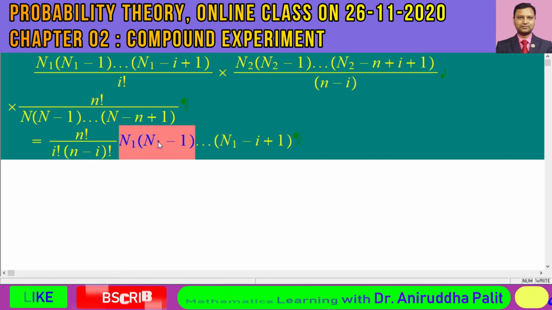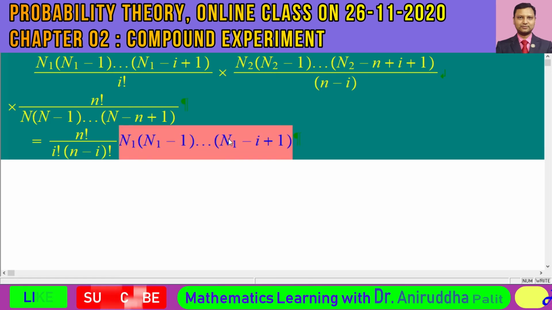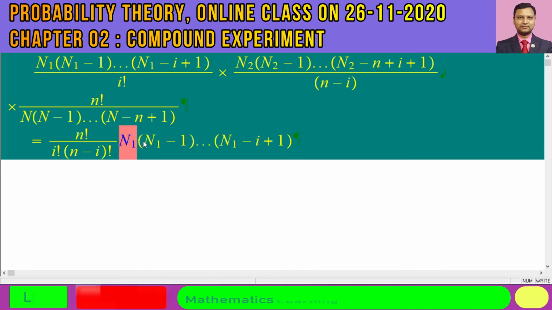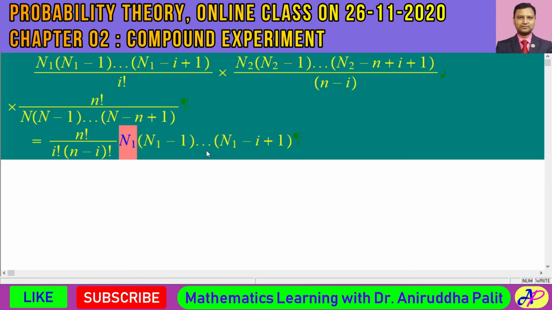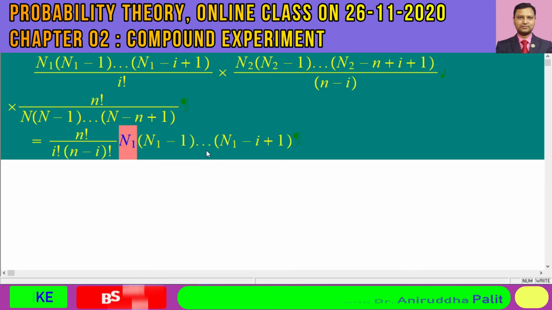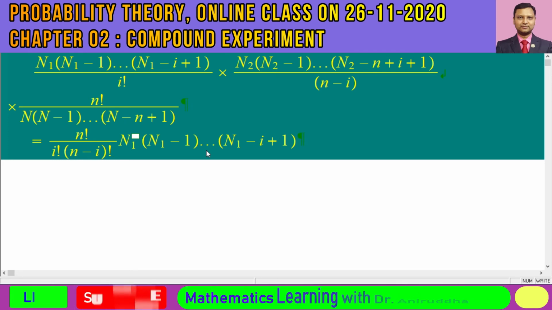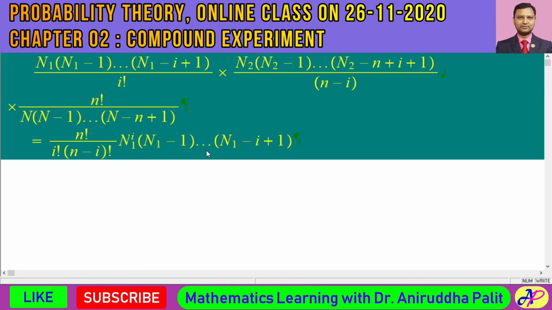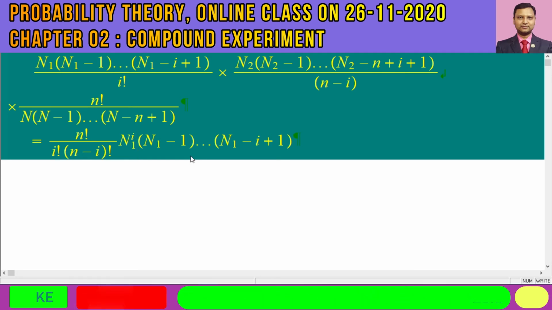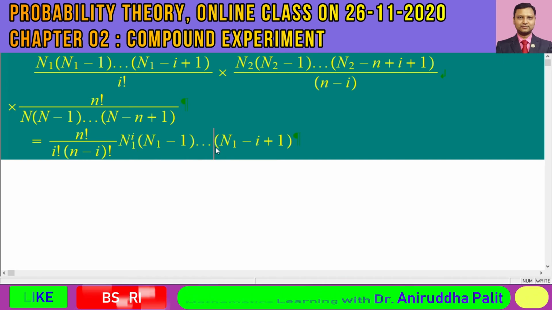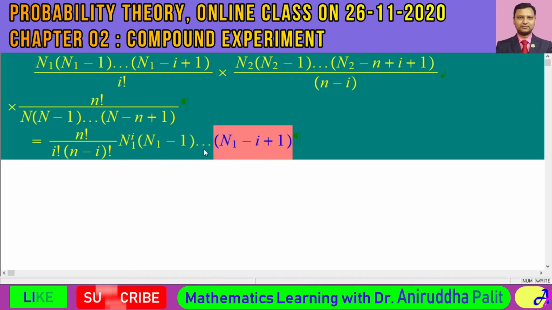How many such factors are there? Over here we have i number of factors. Therefore, out of this we can take n1 to the power of i common. We are taking n1 from each and every factor. N1 to the power of i can be taken common. That means each factor should be divided by n1. Similarly, the second term should be divided by n1 and the last term should also be divided by n1.